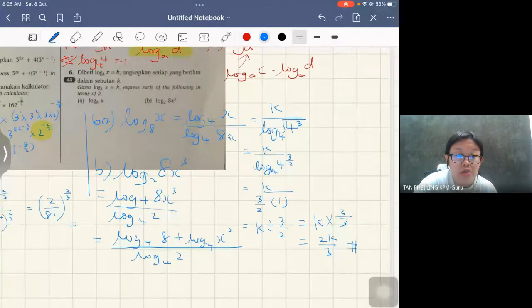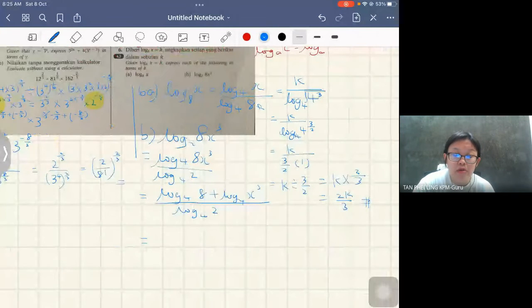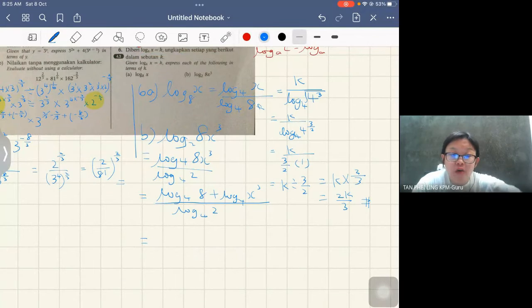Equals, okay, so log base 4 of 8. Just now we already shifted it to become 4 to the power 3 over 2, remember? So we just write that, 4 to the power 3 over 2, right?